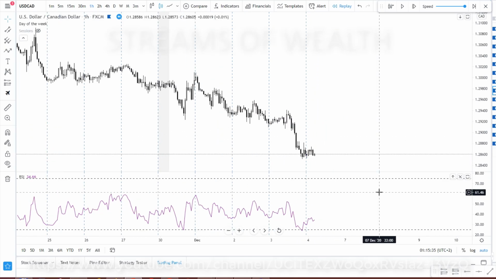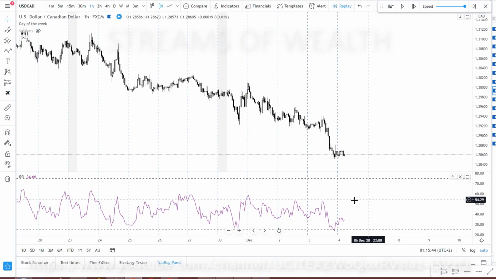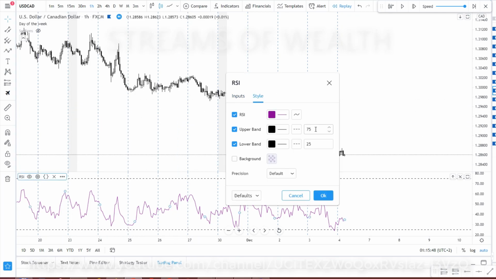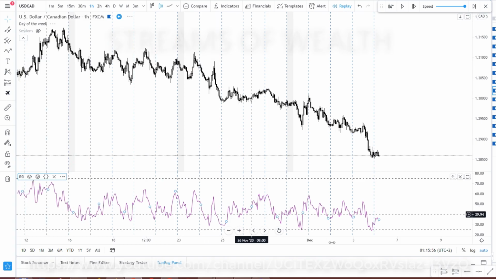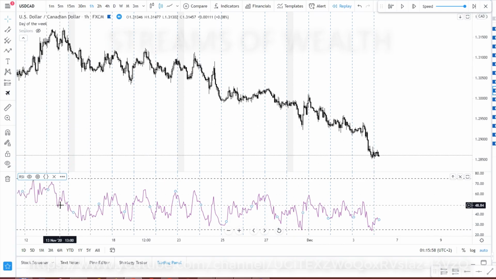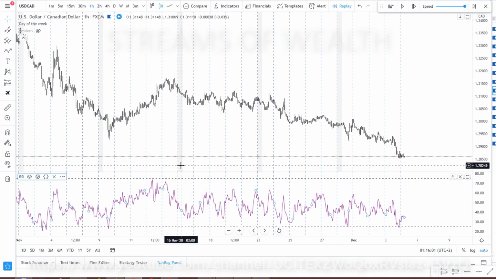If you don't know RSI, then it's used as an overbought, oversold indicator. I have here 25 and 75 lines. So if it hits 25 or 75, you expect the price will be reversing, and as you can see, it can happen, but it is not happening always.